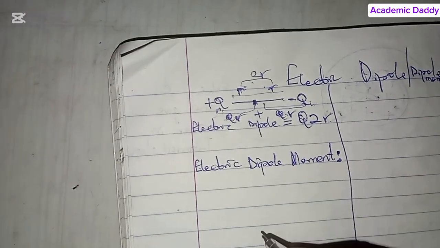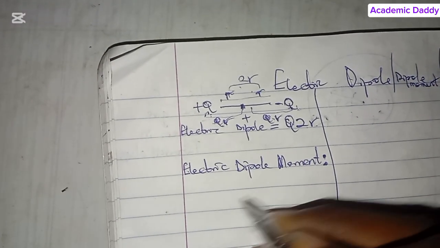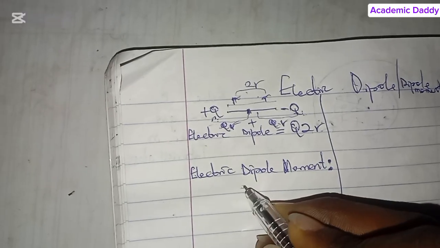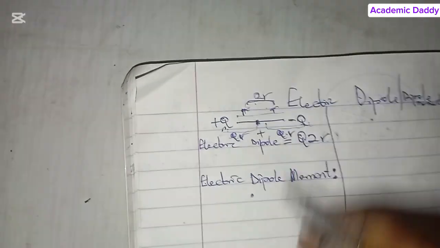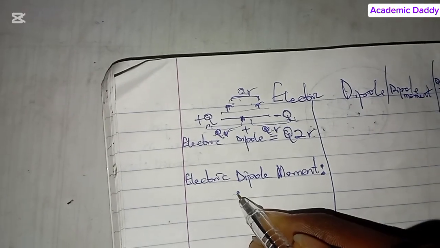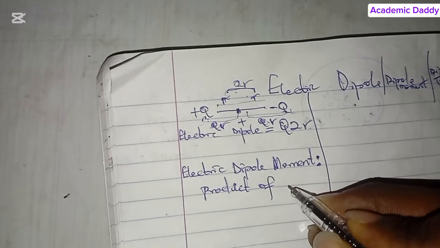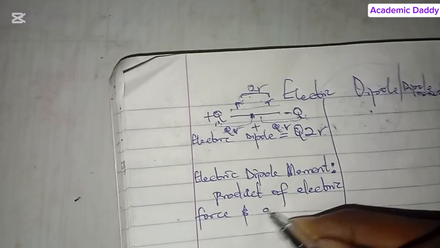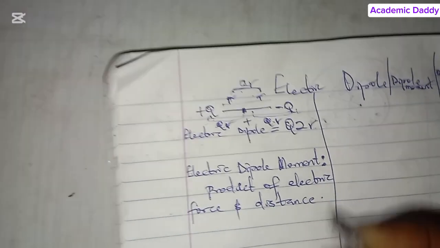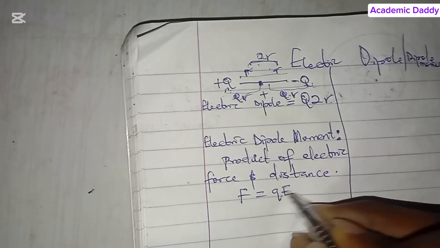So electric dipole moment will simply be the product of electric force and distance, and the distance we have here is 2R. We know that electric force is given by F equals QE.